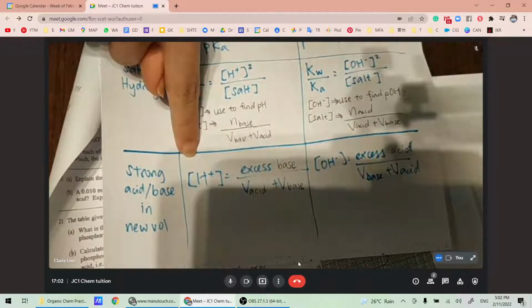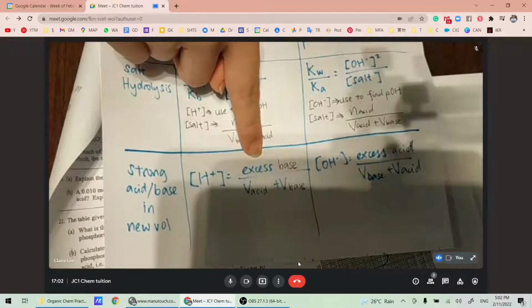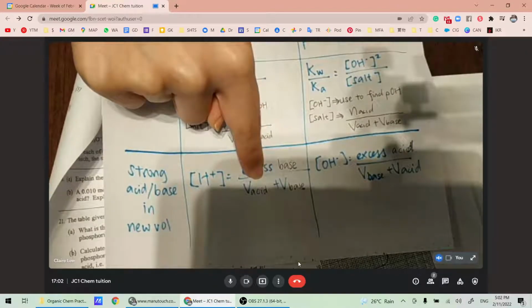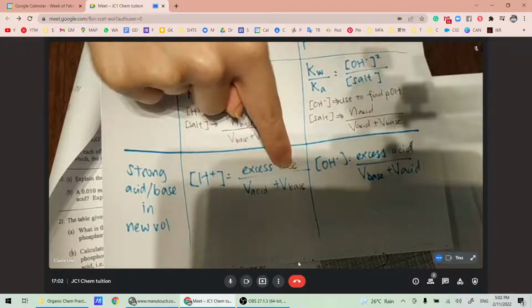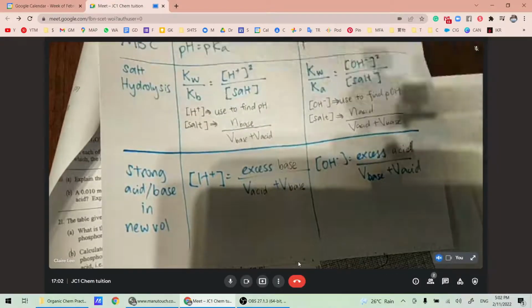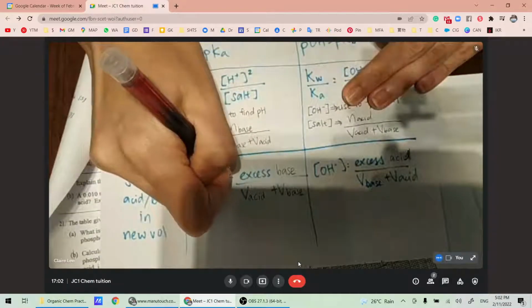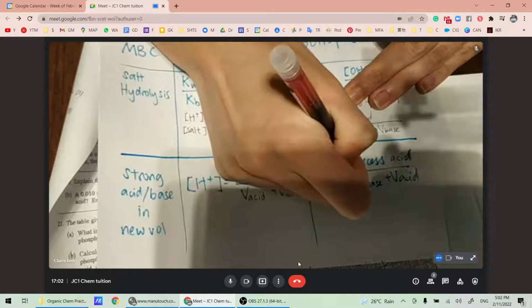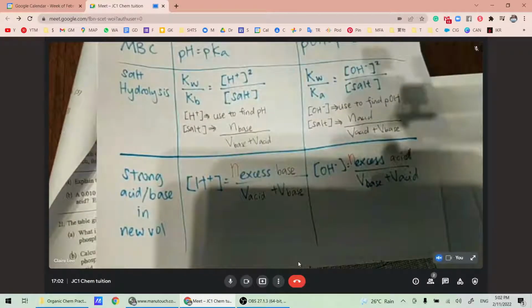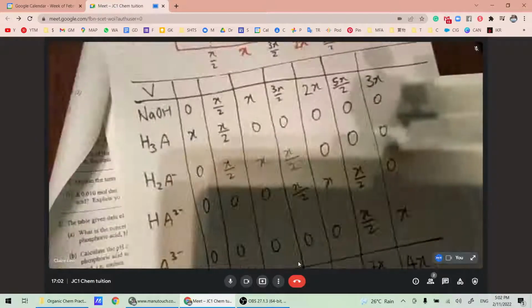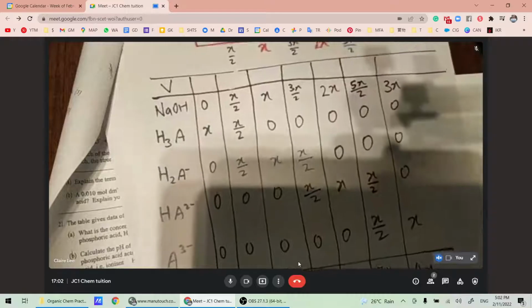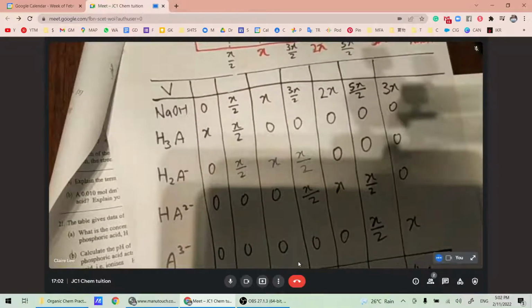Then we have the salt hydrolysis equation. Now if you have the strong acid or base in the new volume, then we will use this formula: the number of moles of excess base. Please do this correction on your notes, make it number of moles. So number of moles of excess acid or base over the new total volume, which is adding acid and base together. Now flip on to the next page.